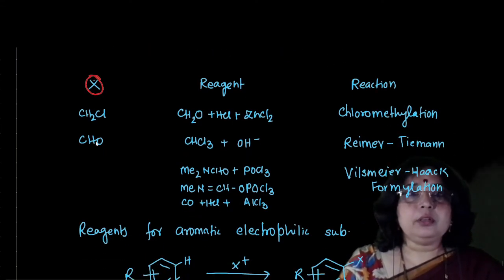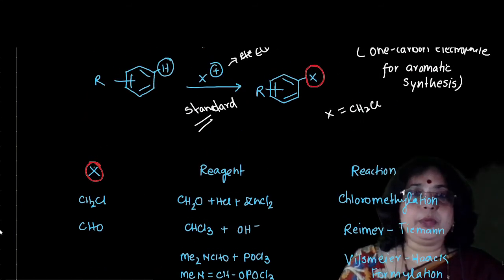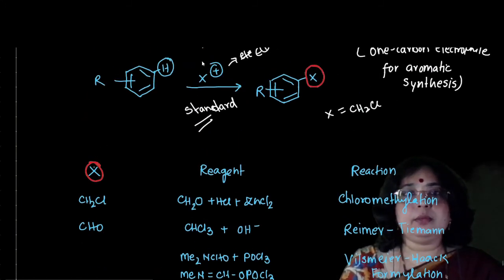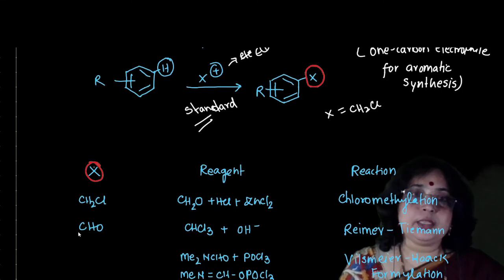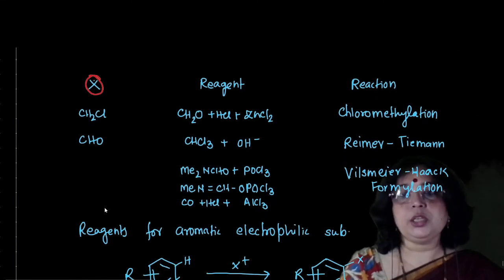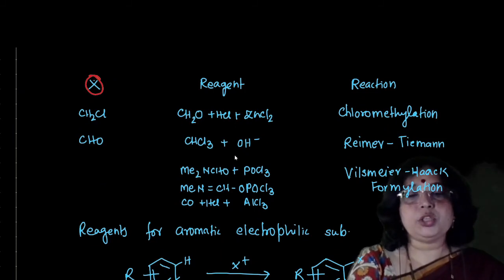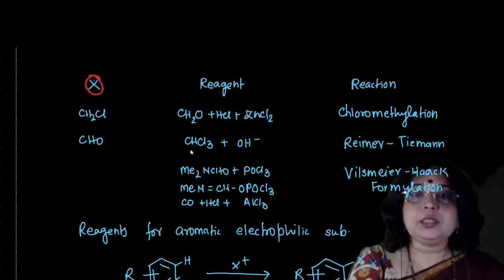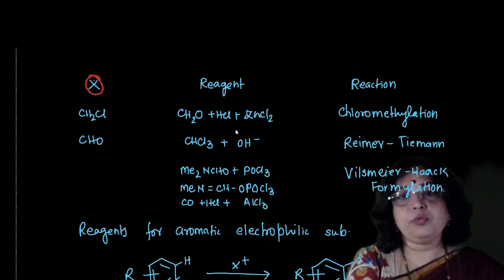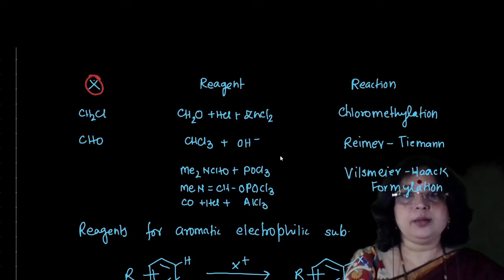Then the second, if H is replaced by CHO, this reaction is called formylation. The Reimer-Tiemann reaction is the best reaction for formylation. This is done in the presence of chloroform and a very strong base.